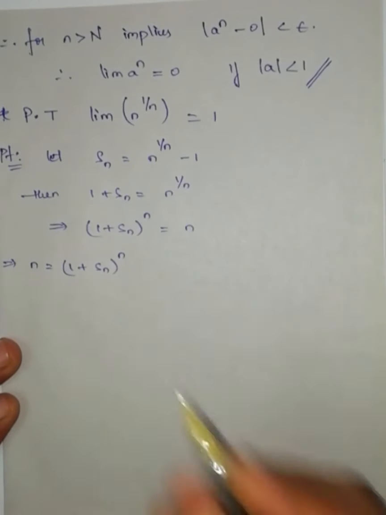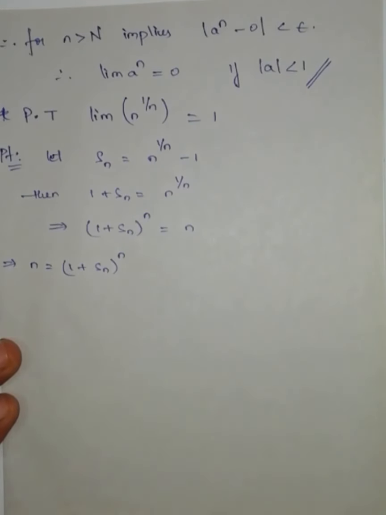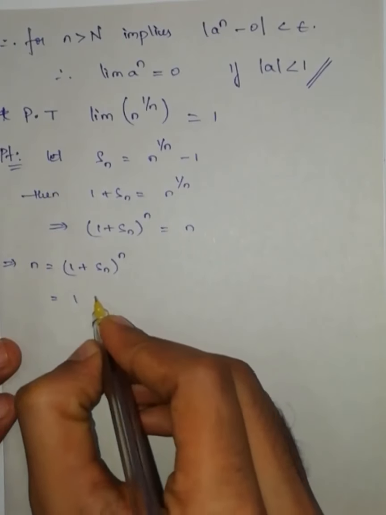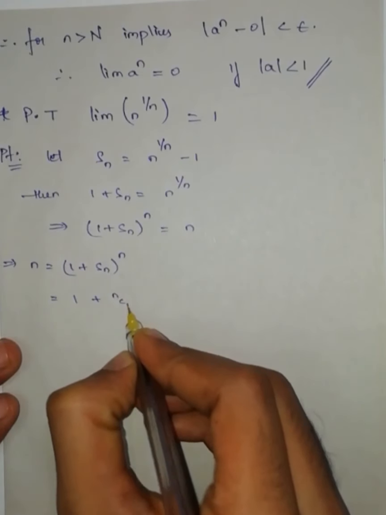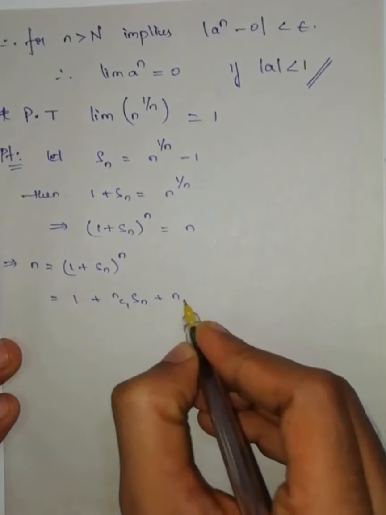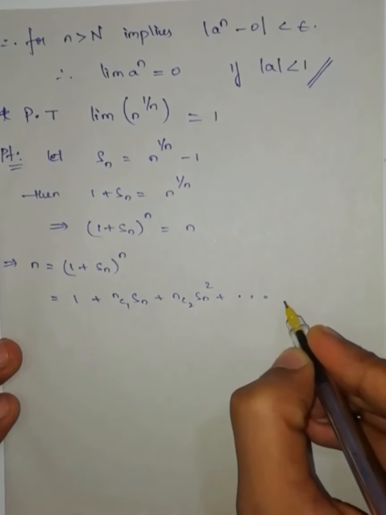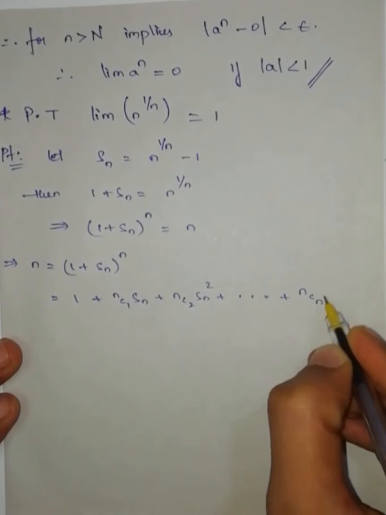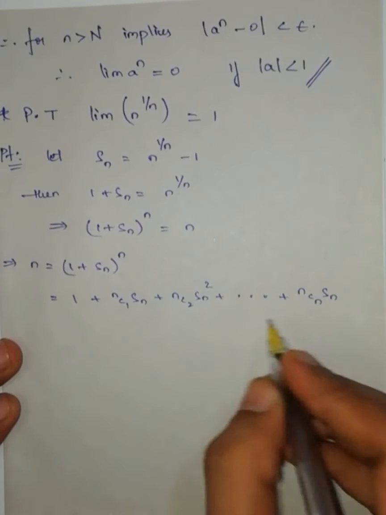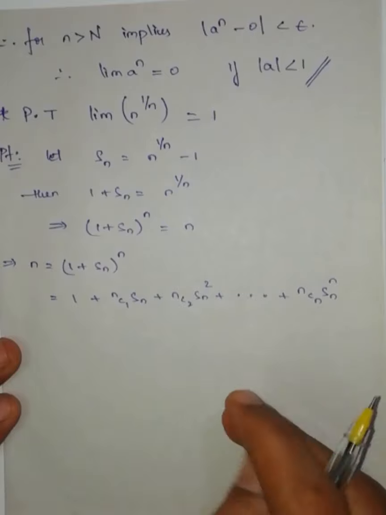Now expand this binomial expansion. We will get 1 plus nC1 Sn plus nC2 Sn square plus so on plus nCn Sn to the power of n.